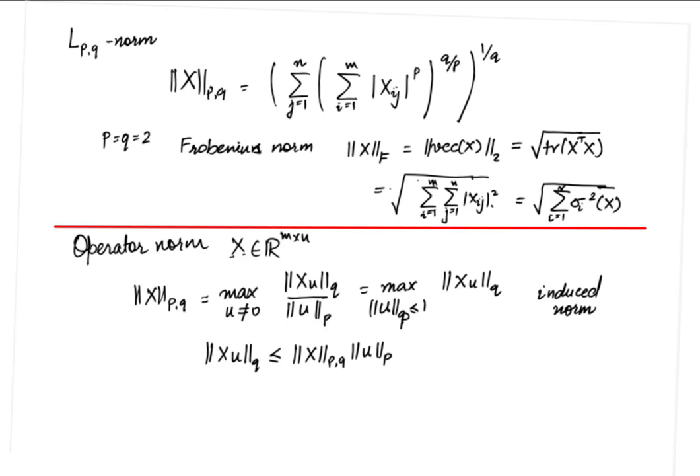Basically, there must be some non-zero U for which the maximum in this definition is attained. So for that U, we have the equality here. So that means that the PQ norm of X is greater than or equal to the objective function written here for an arbitrary U. That is exactly what the inequality is saying.